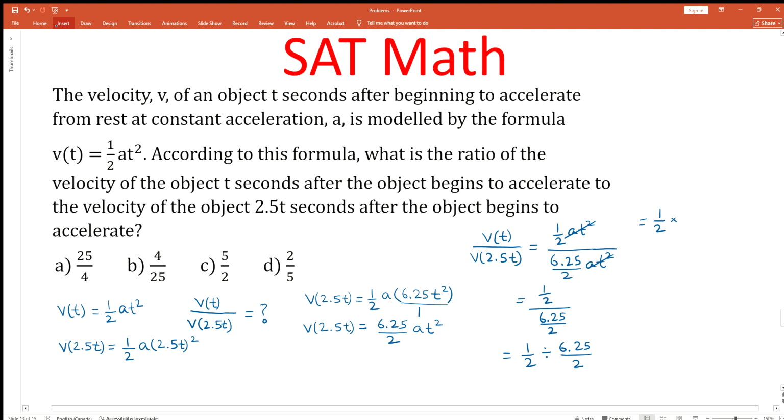We should flip the fraction 6.25 over 2. I get 2 over 6.25. Now we can multiply the fractions. We should multiply the top numbers and the bottom numbers. I get 2 over 12.5. This is the ratio of v of t over v of 2.5 t.